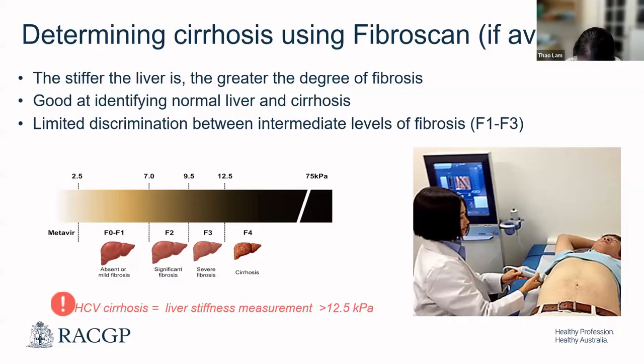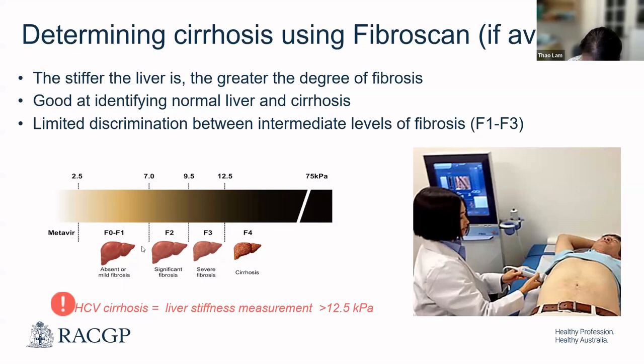Be aware, though, that FibroScan really doesn't tell you the cause for the fibrosis, that is the etiology of the underlying liver disease, nor does it provide you any other liver pathology information, such as inflammation. But some models, particularly the latest model, can provide you some information about hepatic steatosis.